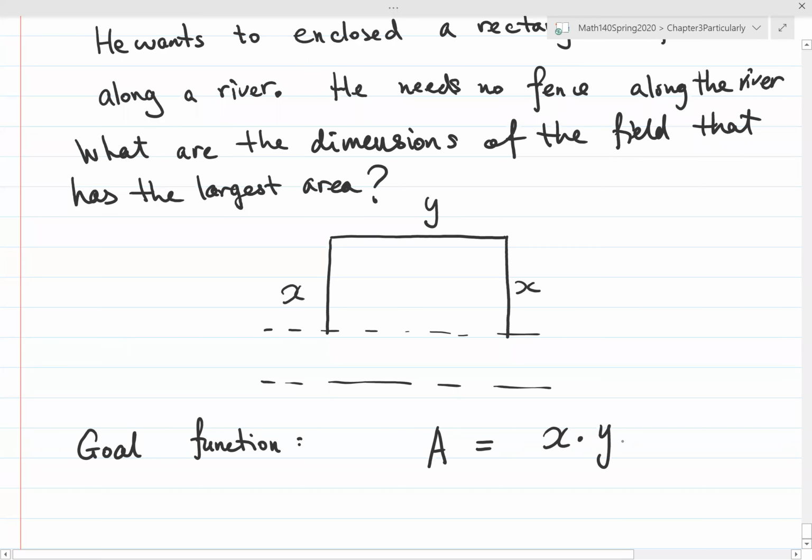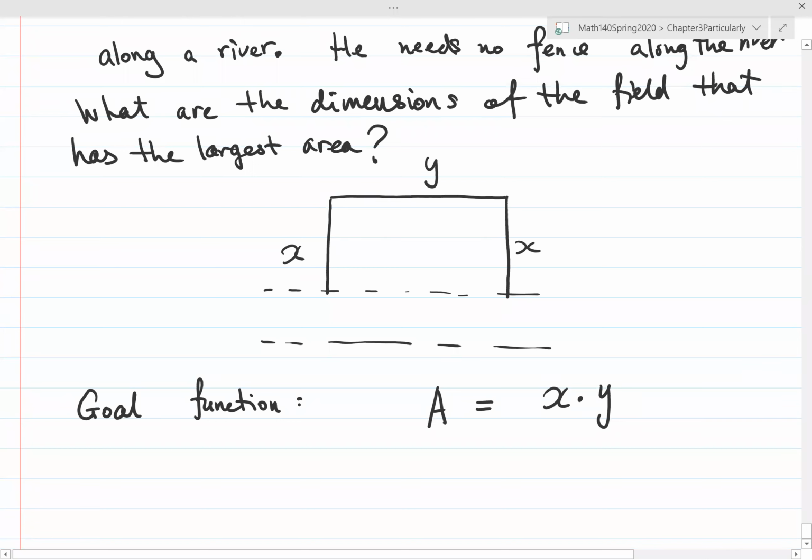Now here we have two variables, x and y. In this course, we don't know how to optimize two-variable functions, so we transform them into one-variable functions.